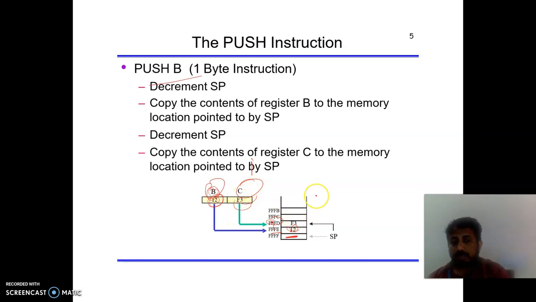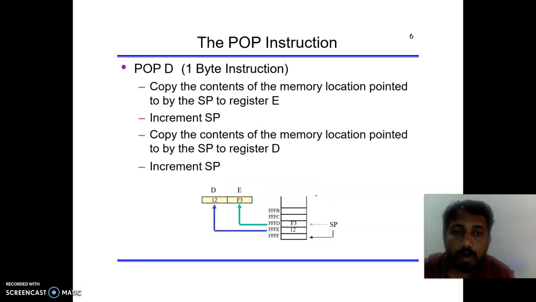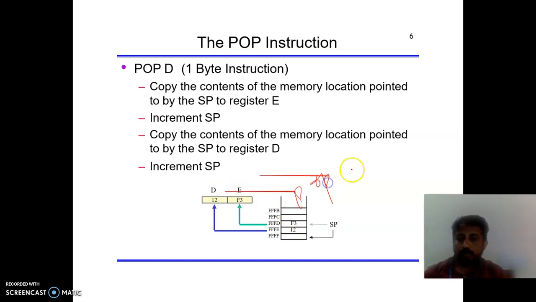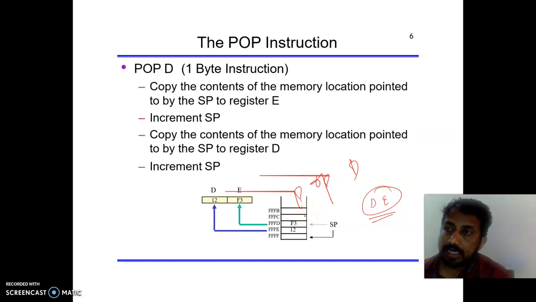Now this is the push operation. When you go for pop, we are going for the pop instruction with D. The D register pair has two registers, the D register and the E register. Pop D. Previously it decremented the memory location and stored the value. But here, first it takes this value and stores it into the E register.